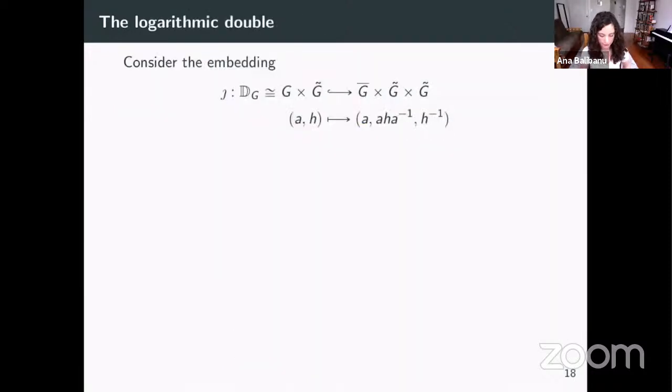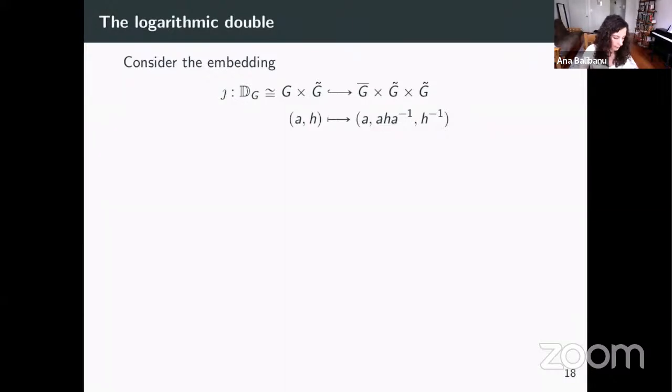In order to do this, I want to play basically exactly the same game that I was playing when I realized the log cotangent bundle of G bar as a bundle of Lie algebras. So I take my double DG, which again is just the product of the adjoint group and the simply connected group, and I embed it into the trivial G tilde cross G tilde bundle on the wonderful compactification using the moment map.